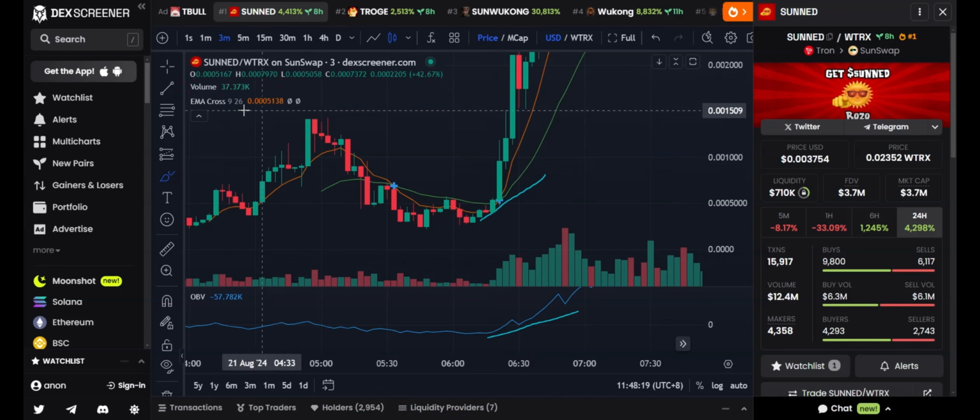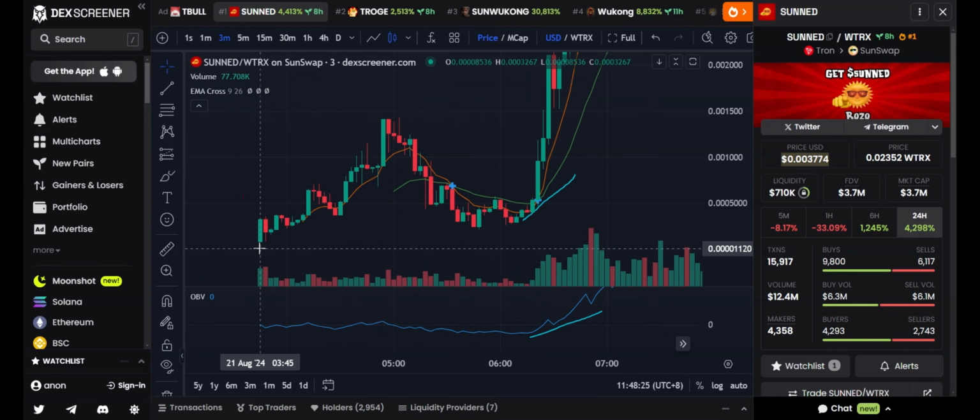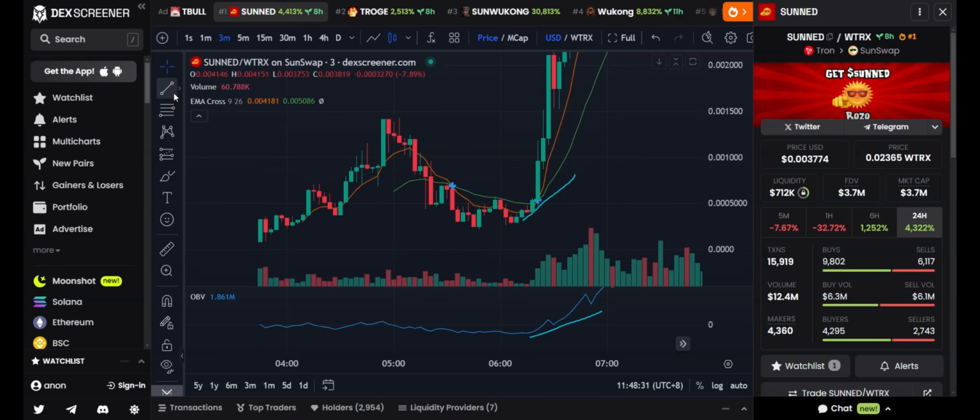Obviously, we want to use these in conjunction with our other tools and indicators like our Fibonacci retracements, our fixed range volume profiles, our support and resistance levels, etc. But for just today, I'm just going to show you the power of the EMA cross and the volume combined to give you your entry and exits.